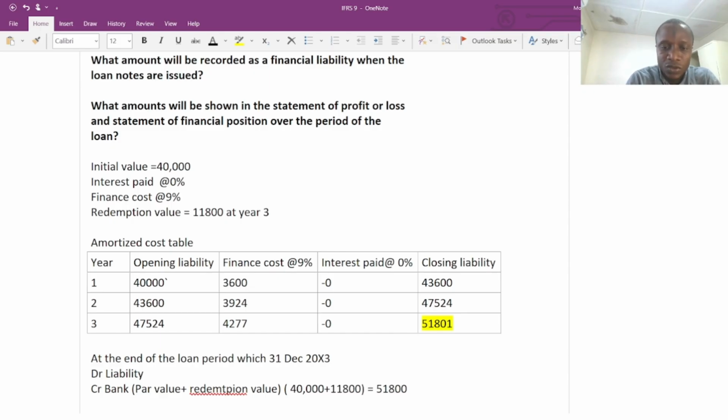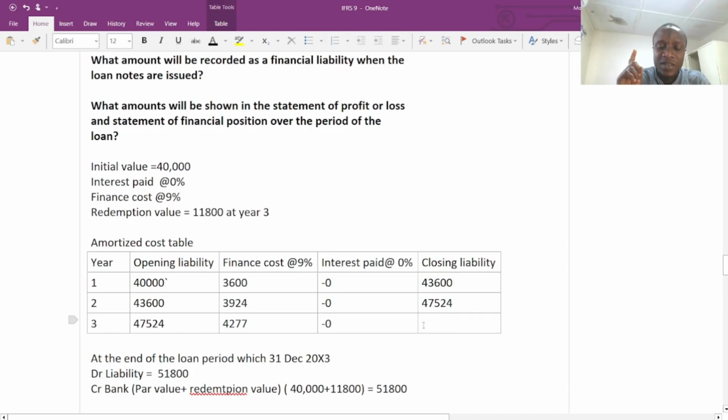This gives us 51,800. The liability by the close of the period is also 51,800, so we are going to debit this liability. At the end of the period there will be zero liability, whilst we are going to credit cash or bank. So basically, this is the accounting treatment.